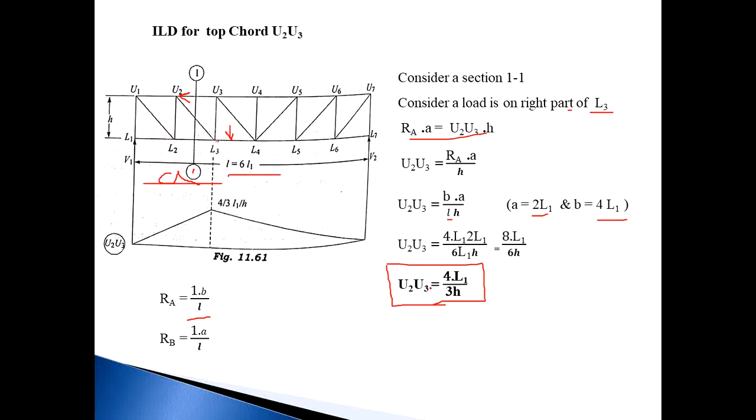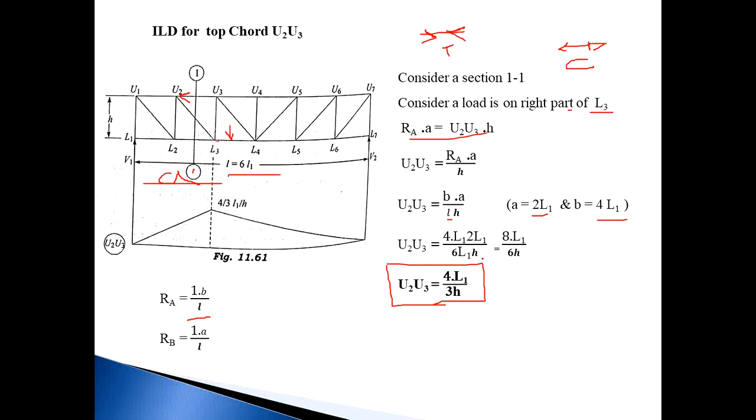This is U2U3 equal to 4 L1 by 3H, and the direction of the arrowhead is towards the origin, and we know that away from origin it will be tension, and towards origin it will be compression.